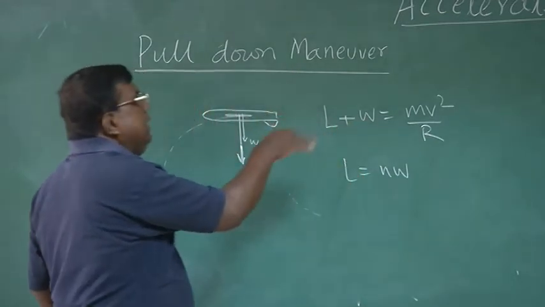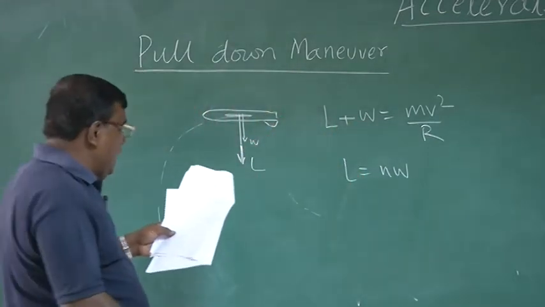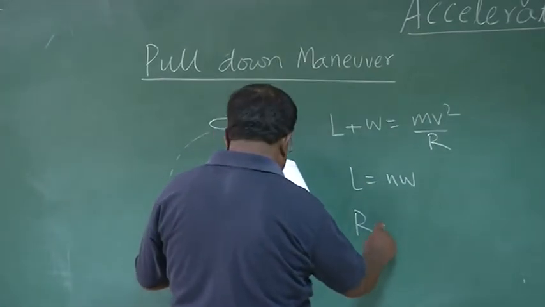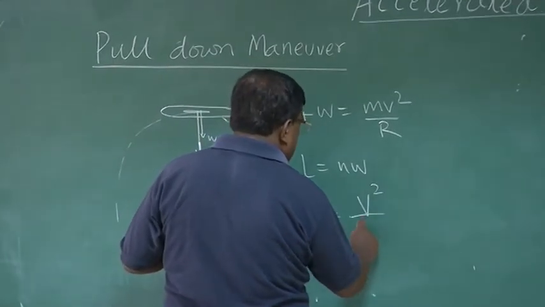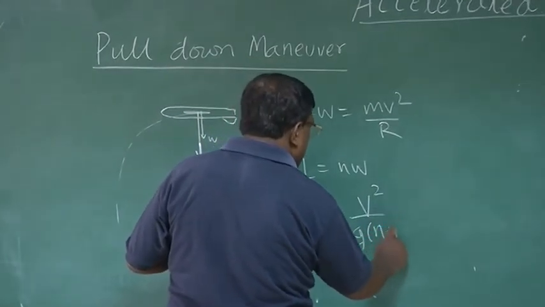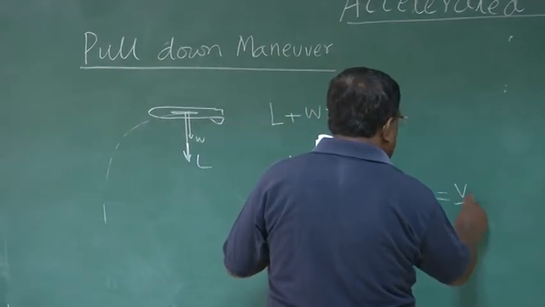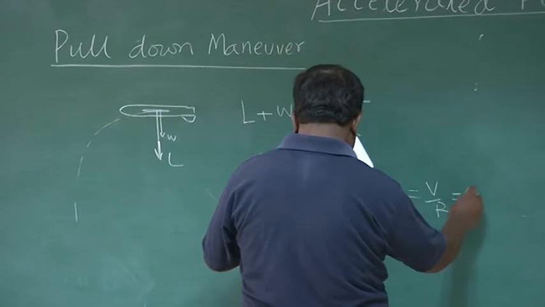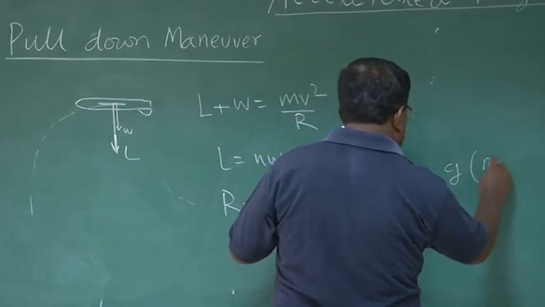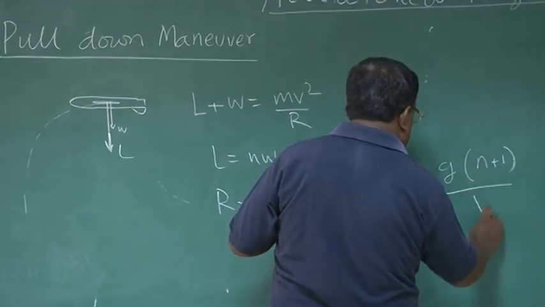So by manipulating these two equations, I can write R equal to V square by g(n plus 1), and omega is equal to V by R, that is equal to g(n plus 1) by V.